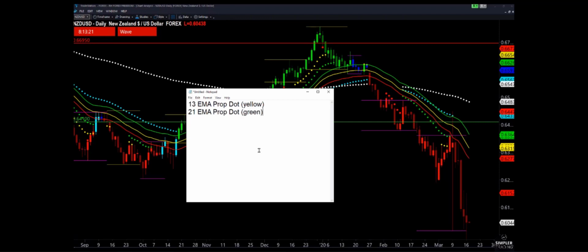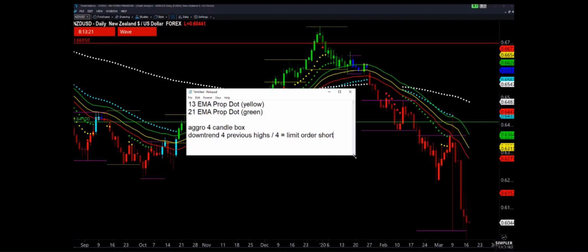And the other thing we can do is more aggressive, but we can do what we call the 4 candle box, which in this case, because it's a downtrend, we're going to take the 4 previous highs, not the current candle, the 4 previous highs, and divide it by 4, and that is going to be our limit order to short. Okay, so there's a couple different things we can do, and that's definitely going to be a tactic that we will continue to watch.